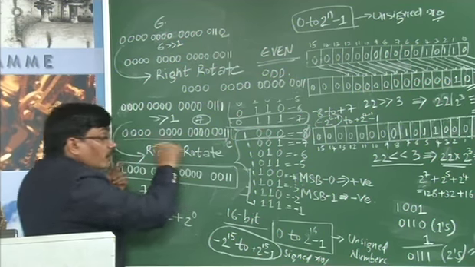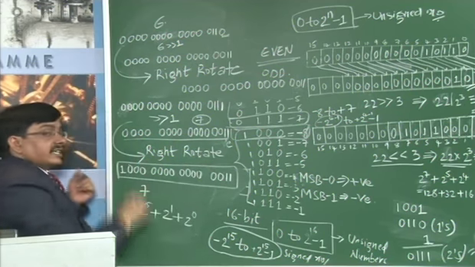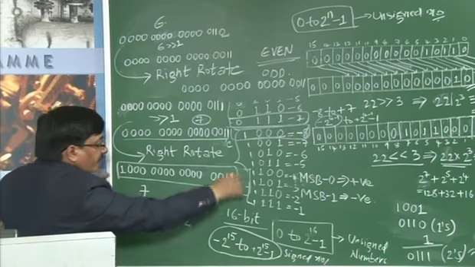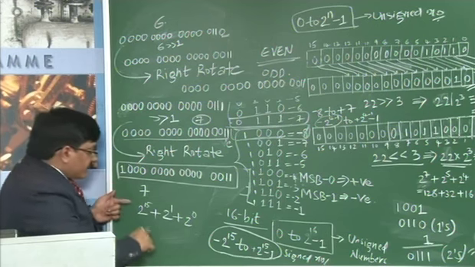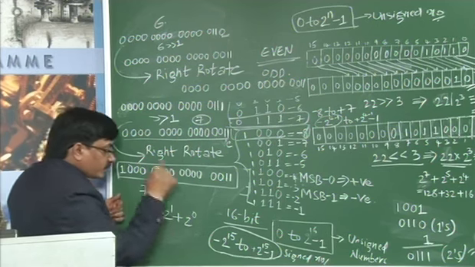But when I perform the right rotate, this 1 should come to the higher position, the MSB position. So after the right rotate, this is the sequence I get. What is the value corresponding to this? 2 raised to 15 plus 2 raised to 1 plus 2 raised to 0.